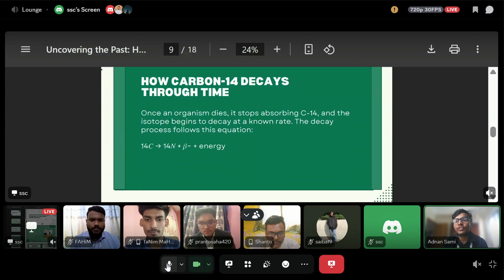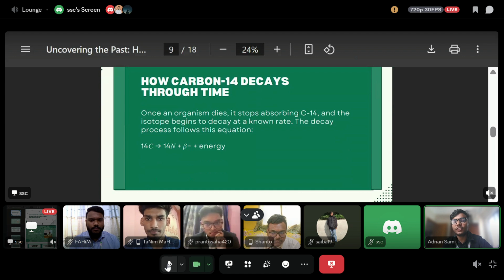Let's understand how carbon-14 decays over time. Carbon-14 is a radioactive isotope of carbon that organisms absorb while they are alive. However, once an organism dies, it stops absorbing carbon-14 and the isotope begins to decay at a known rate.